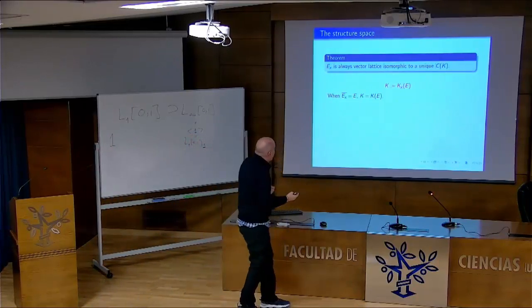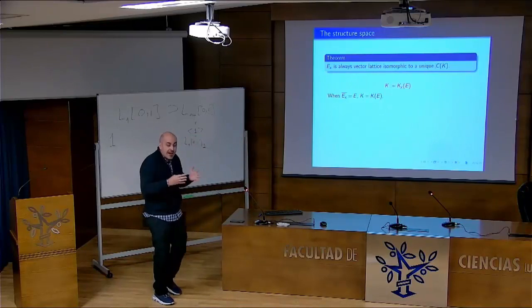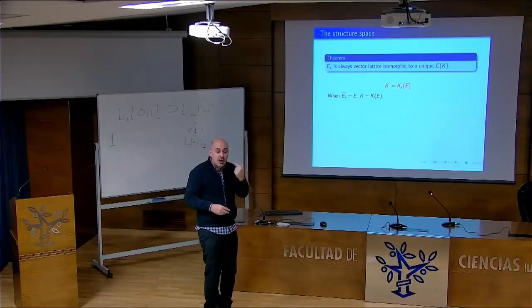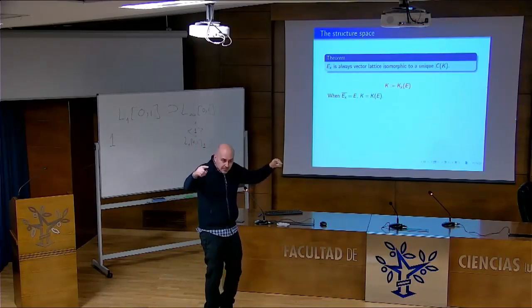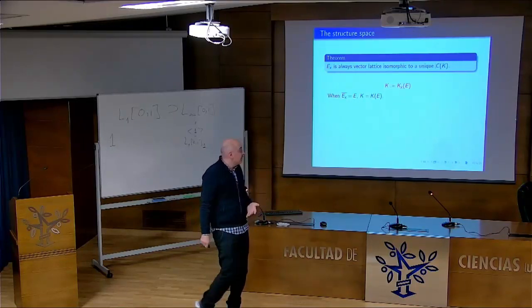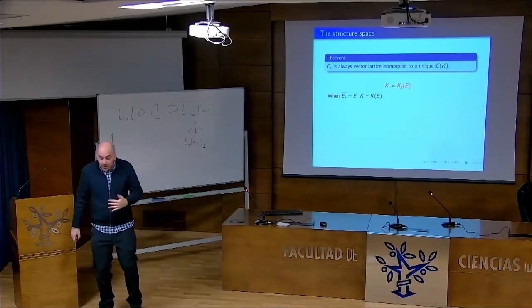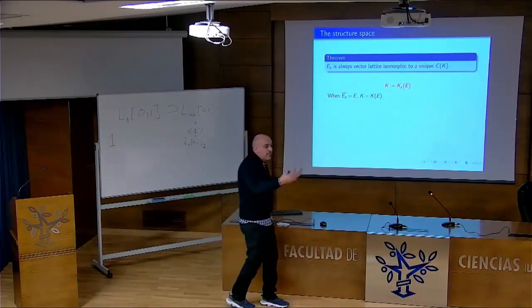So this means that whenever I have a Banach lattice that is generated by just one vector, in the sense that the ideal generated by a vector is dense, then I have a unique compact space associated to it. And this is the case, for instance, of every separable Banach lattice. So in that way, given a Banach lattice, I can associate in a unique and canonical way a compact space.